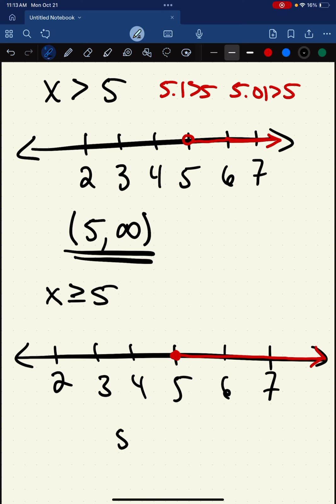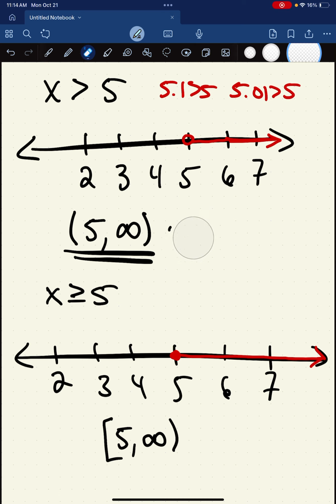And the way we write this in interval notation is, again, we can go from 5 to infinity. We can never reach infinity, but we can keep going. But we include 5 this time. And the way we show that we can include 5 is with a bracket. So that says we can go all the way down to 5, including 5. Whereas up here, we're saying we can go all the way down to 5, but not including 5.